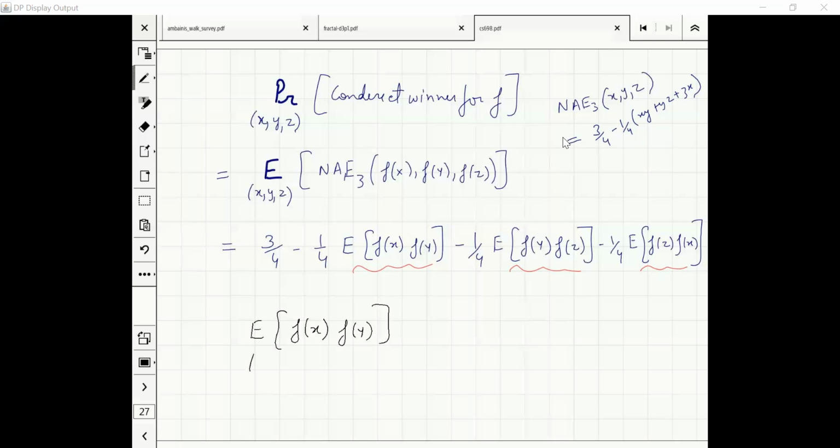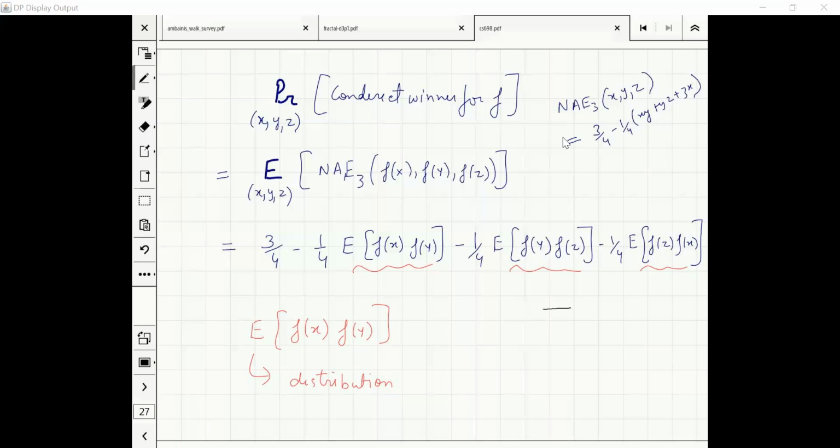But remember, this is a different distribution than uniform. This is when we are picking x, y, z. Sorry, I'm picking this matrix such that every row is uniformly and independently picked from a satisfying input of NAE3.